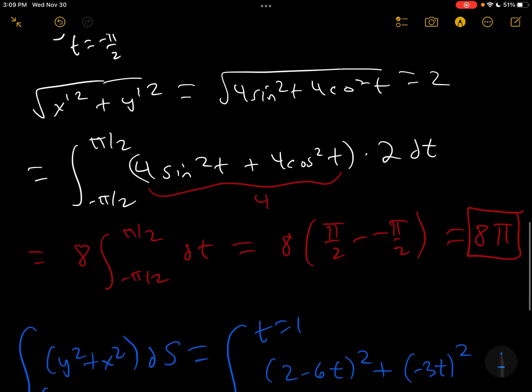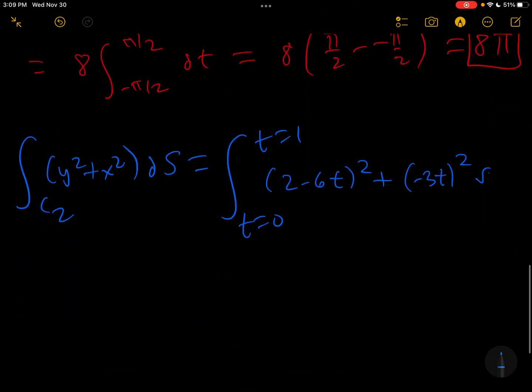All right. So out here we have a root 45 dt. Root 45 comes out front, we go from 0 to 1. 2 minus 6t squared.